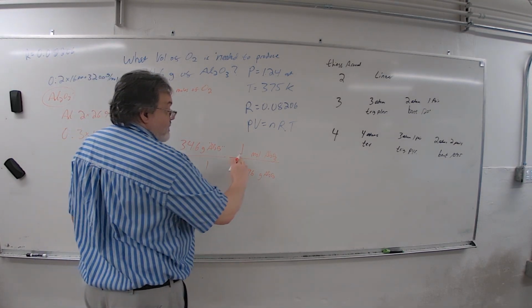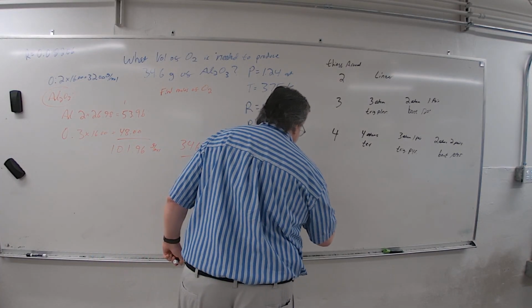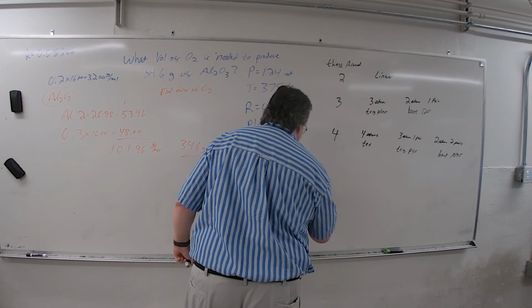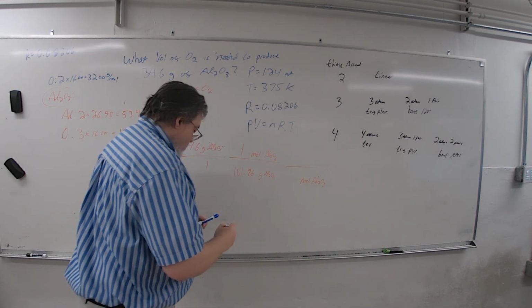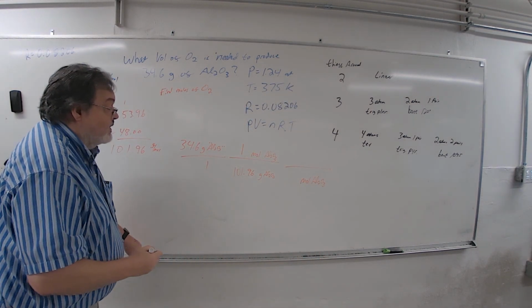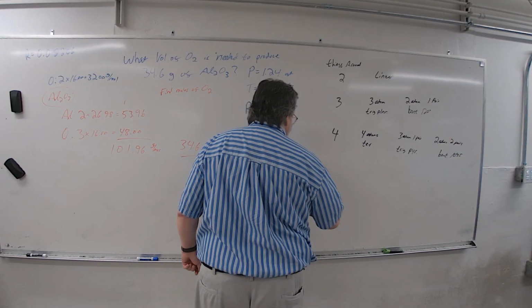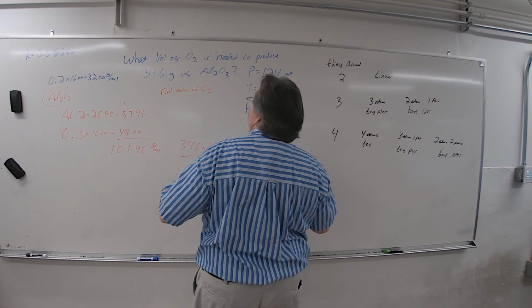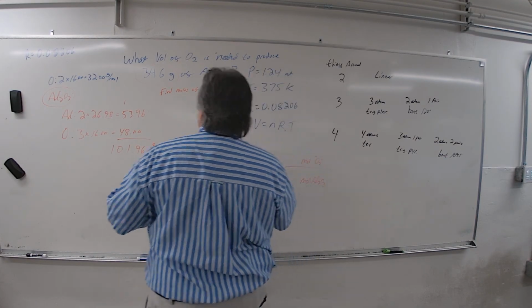All right. Moles of Al2O3 goes on the bottom here, and then moles of O2 goes here. So now we're caught up to the O2. Oh, I didn't write the equation.